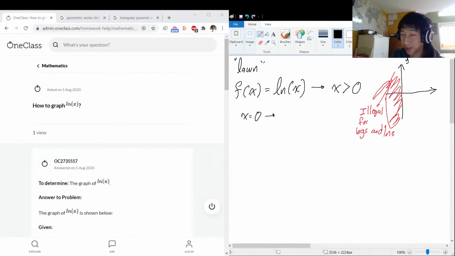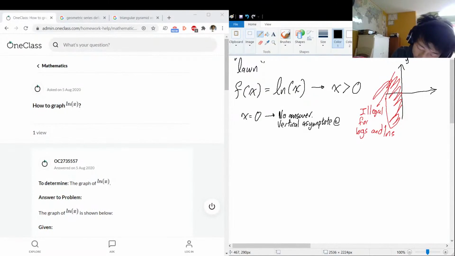We only need to draw basically half a graph. So, okay, if x is equal to 0, we know that this is no answer, which means we have an asymptote, or a vertical asymptote, at x equals 0.